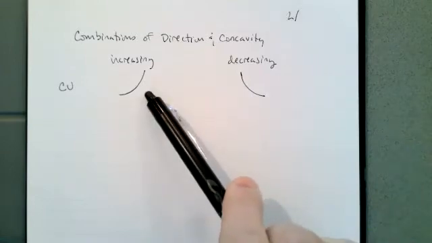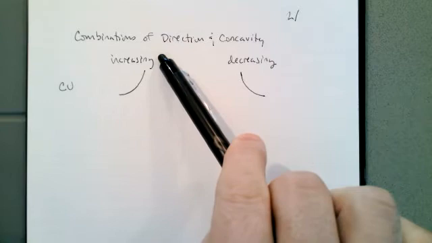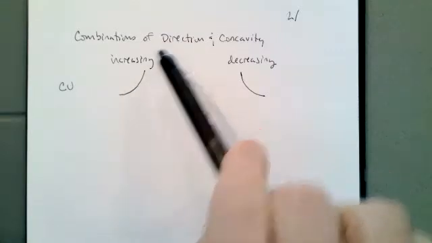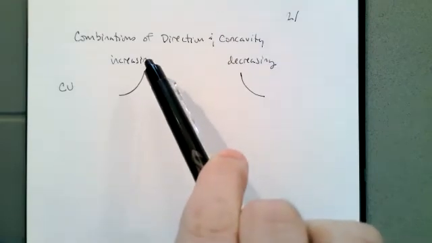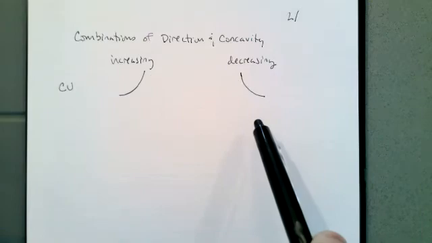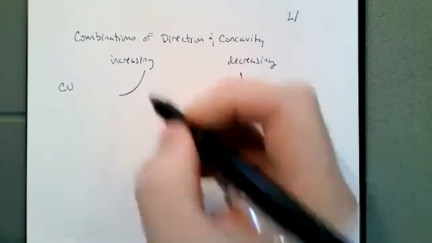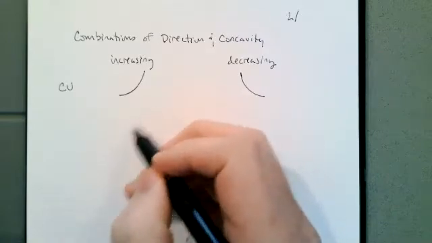So if this is the graph of the function, we can see that the first derivative is positive because the function is increasing, and the second derivative is positive because the function is concave up. So I'm just drawing graphs of f. I can combine increasing and concave down, so I want to draw something increasing.